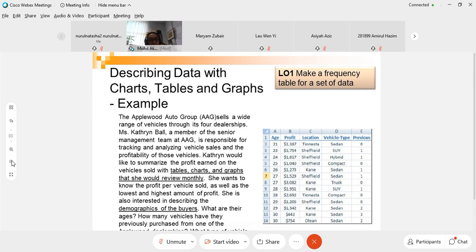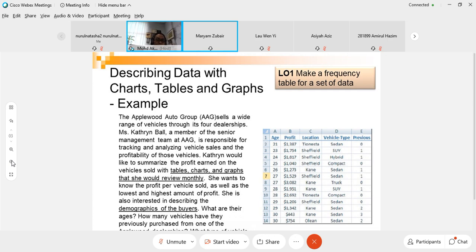LO1, make a frequency table for a set of data. Describing data with charts, tables and graphs. Example, the Applewood Auto Group AAG sells a wide range of vehicles through its 4 dealerships. Ms. Catherine Ball, a member of the senior management team at AAG, is responsible for tracking and analyzing vehicle sales and the profitability of those vehicles.